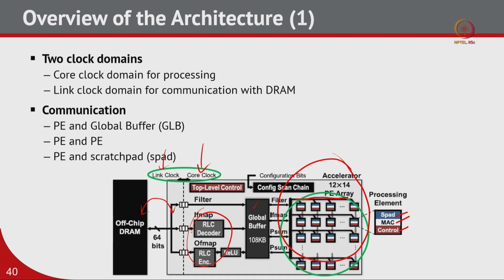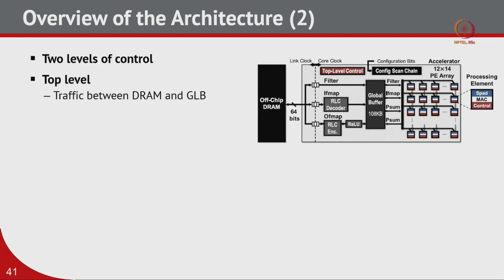We will also see what encoding and decoding is going on, but overall there is a huge amount of communication: between the PE and the global buffer, and between the scratch pad of one PE and the scratch pad of another PE. Whenever there is communication, we need to see how to optimize it.